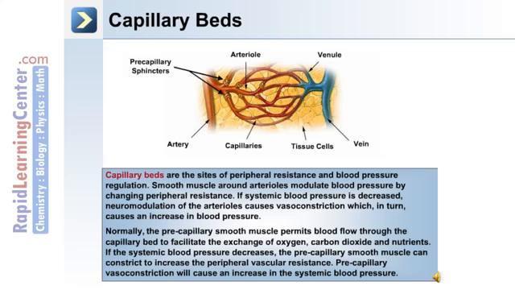Normally, the precapillary smooth muscle permits blood flow through the capillary bed to facilitate the exchange of oxygen, carbon dioxide, and nutrients. If the systemic blood pressure decreases, the precapillary smooth muscle can constrict to increase the peripheral vascular resistance. Precapillary vasoconstriction will cause an increase in the systemic blood pressure.